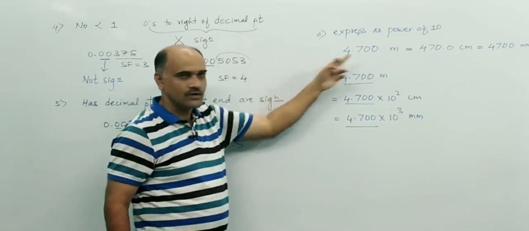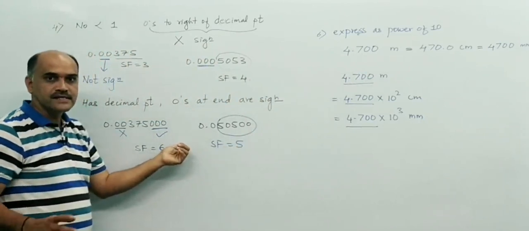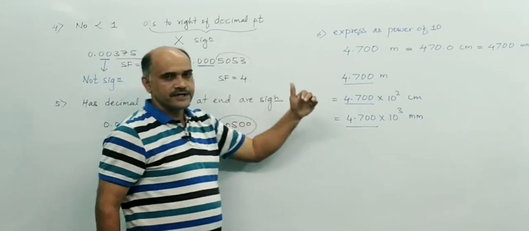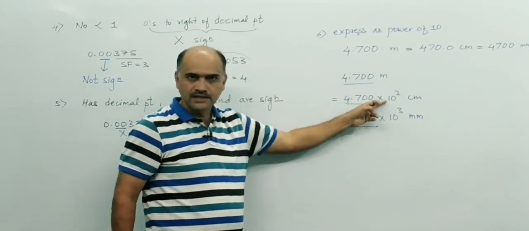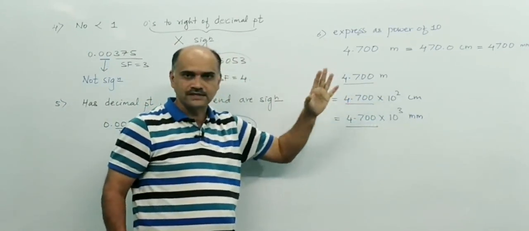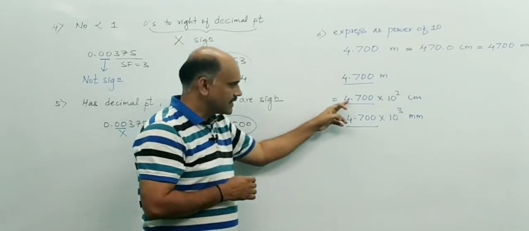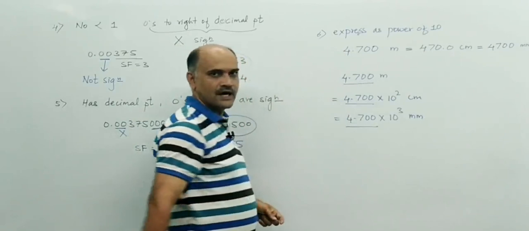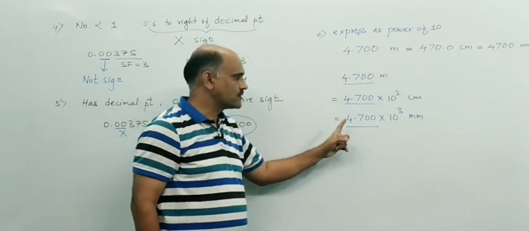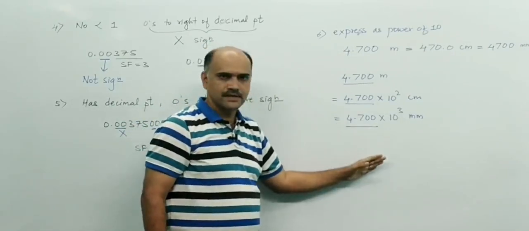Sixth, if it is written in terms of a power raised to, we call it the order. This we are not considering. And a decimal point should compulsorily be given after 1 digit.